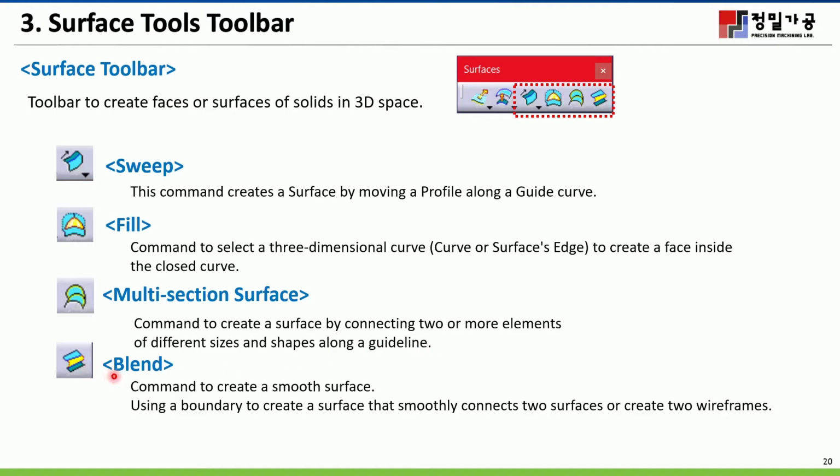And also there is a blend. If you have two surfaces in here and you want to create a new surface in here, you can create it by blend. Alright, that is the basic requirement for surface modeling.